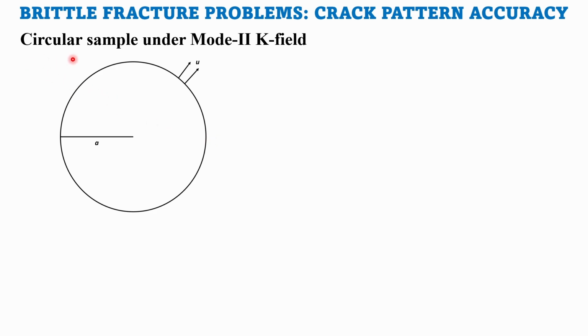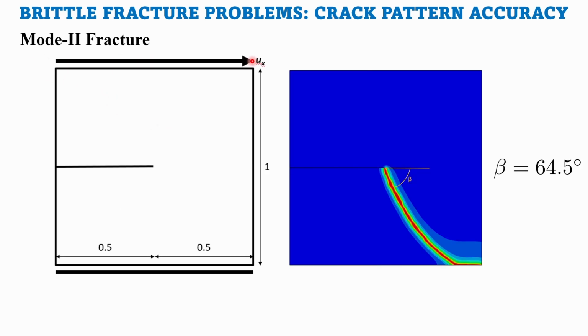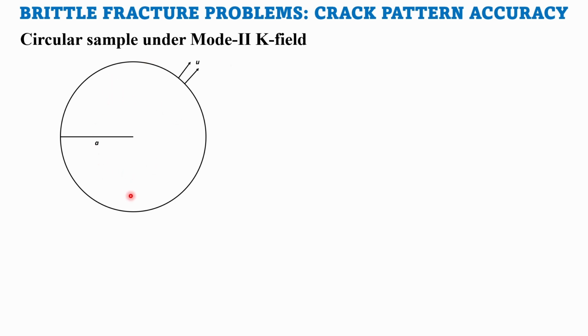Next, we have a circular sample under mode 2 K field. So how is it different from this? Essentially, now you have a circular sample with radius a and you load it with a displacement field over this entire circumference. What will be the expressions?